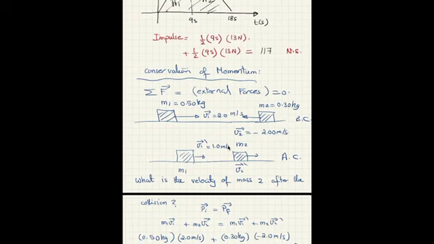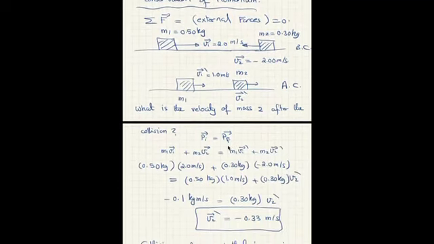The first one is moving to the right at 2 meters per second, and the other one is moving to the left at 2 meters per second, and this is the reason why I'm giving it a negative. The velocity of the first one was given as 1 meter per second after the collision, and I'm looking for the velocity of mass 2 after the collision.